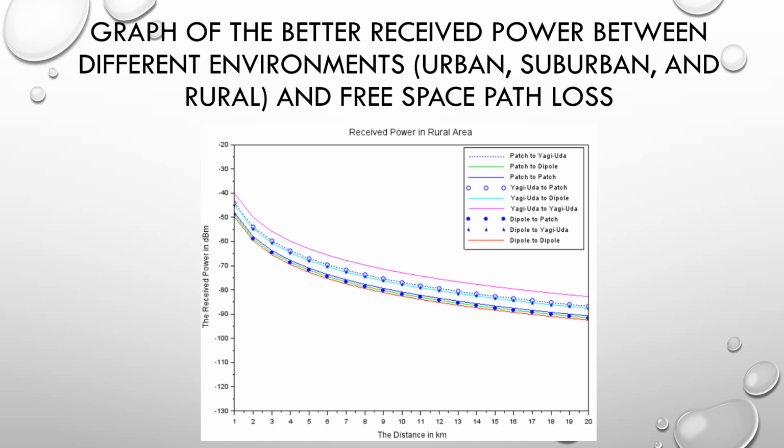A wireless communication system's received power is greatly influenced by antenna gain. Antenna gain for Yagi Uda is the largest compared to patch and dipole antenna. In a wireless communication system, high antenna transmitting gain and high antenna receiving gain are advantageous for received power.